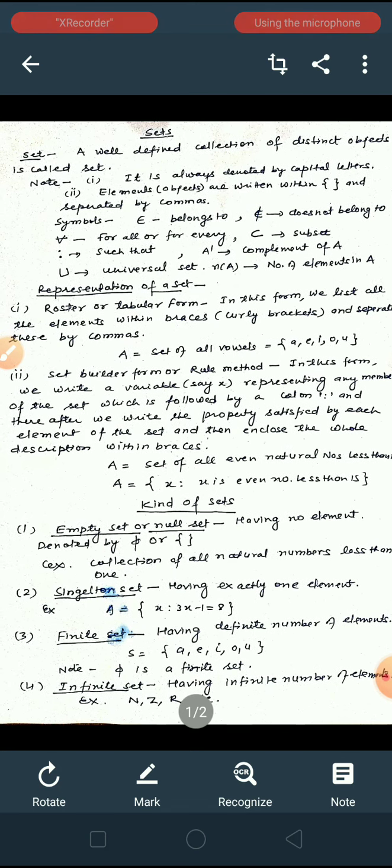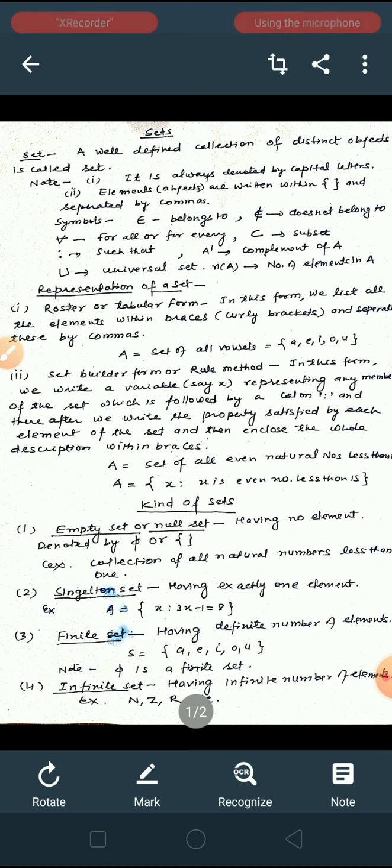Now come to part 4, infinite set. Children, an infinite set is just the opposite of a finite set. It is uncountable because the number of elements present in this type of set is infinite, so you cannot count them.